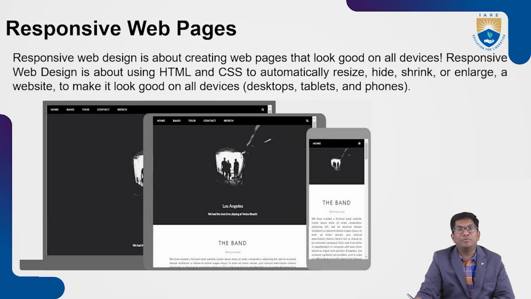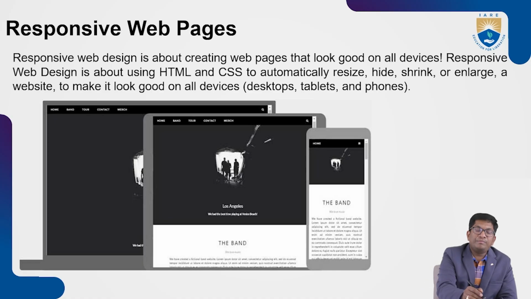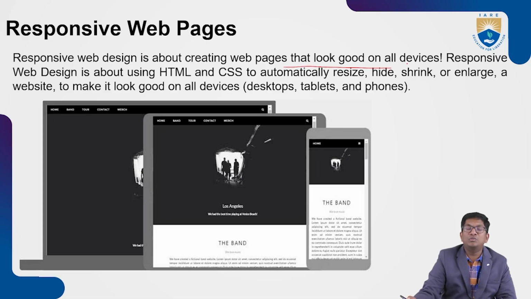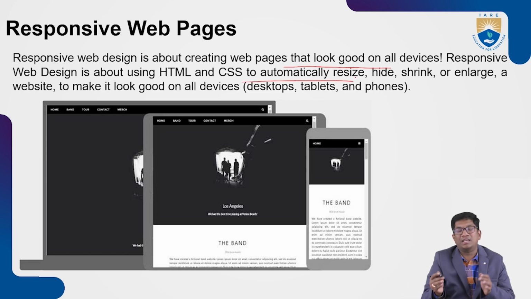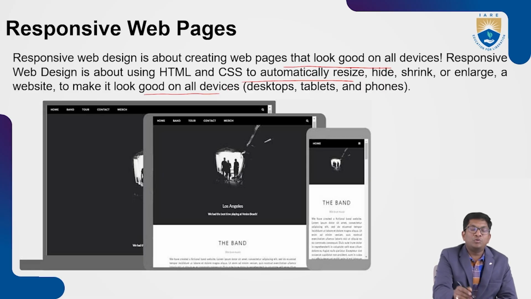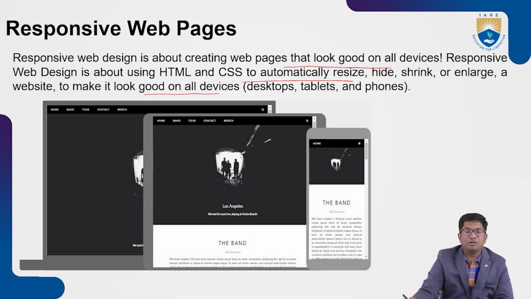Next one is media queries. Before discussing media queries, first of all, you have to know what responsive web pages are. Nowadays, every organization or company is using responsive web pages. Responsive web design is about creating web pages that look good on all devices. It is about using HTML and CSS to automatically resize, hide, shrink, or enlarge a website to make it look good on all devices.